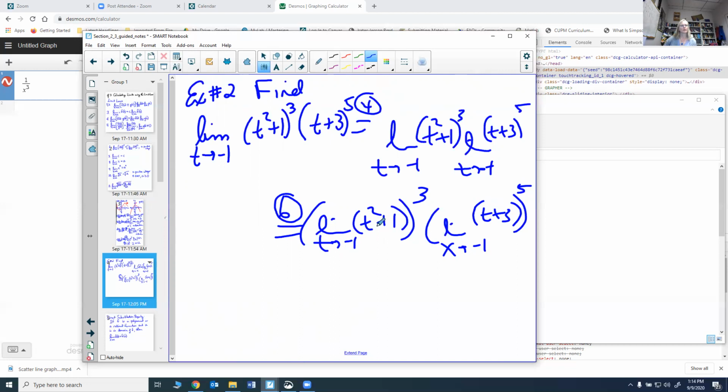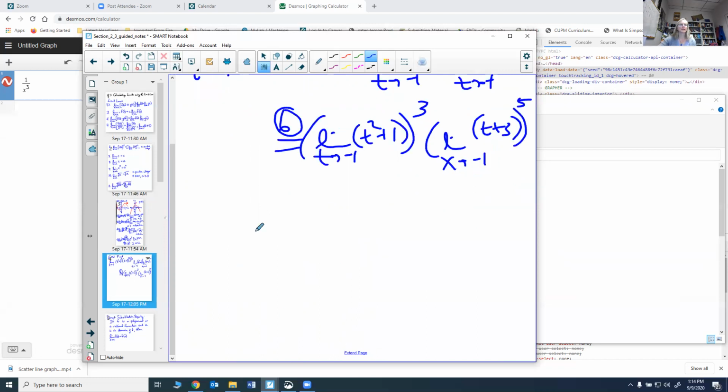Now I notice I have a limit of a sum. So I can use limit law number 1, which says that I can divide those limits up. And again, normally we don't do this much, but I just want you to see what we're doing here.